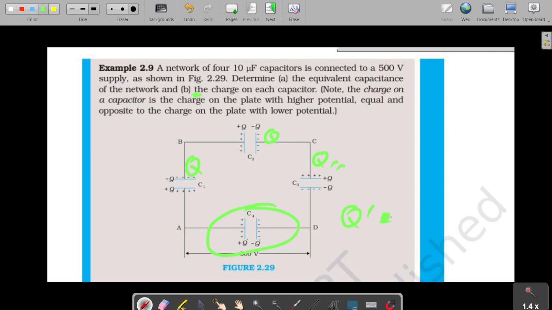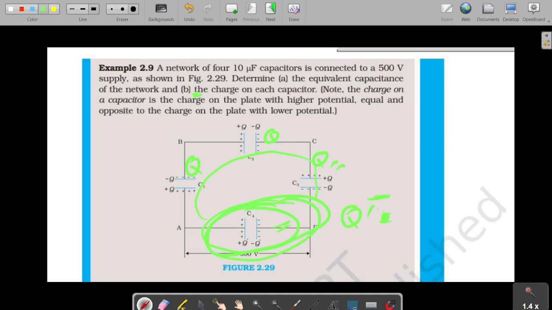I have already told you the reason in the previous concept: I am using charge Q dash across capacitor C4 because it is in parallel with C1, C2 and C3, and in parallel combination charges redistribute themselves. Okay, charges are not the same.